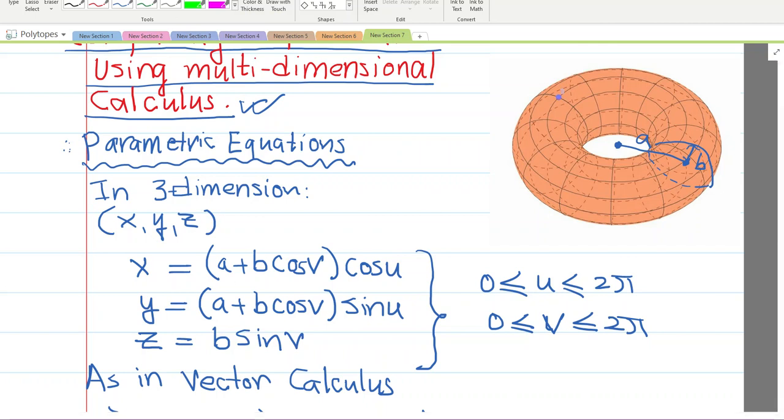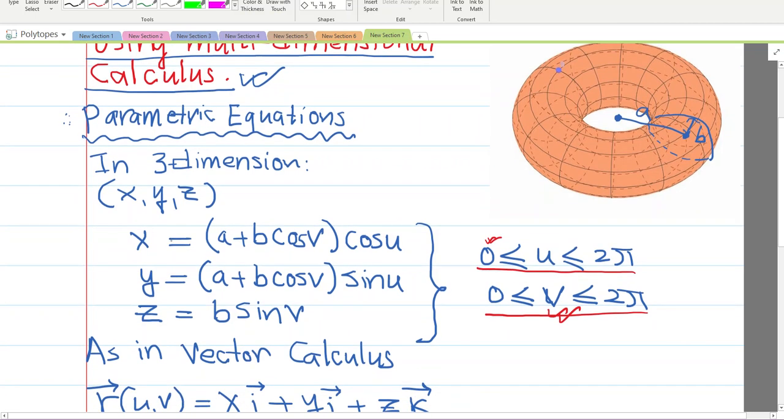So the parameters here are U and V. U increases from 0 to 2 pi, and the same is the case for V. And the parameters U and V define this X, Y, and Z. So X, Y, Z is a point in three dimensions, but each of X, Y, and Z depends on these two parameters U and V by this relation.